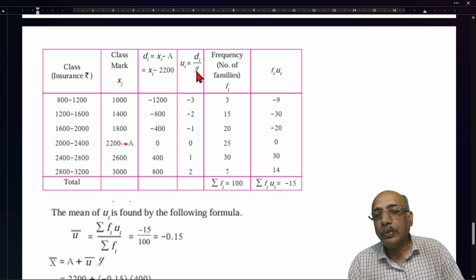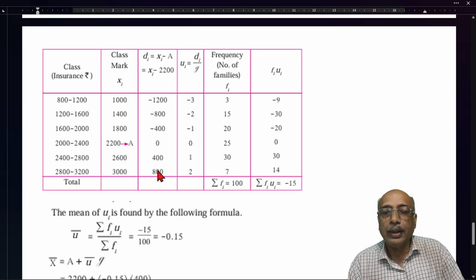Whatever di values are there, its GCD is taken. GCD means greatest common divisor. The terms are multiples of 400, ones, twos, threes, plus or minus. So the GCD will be 400.